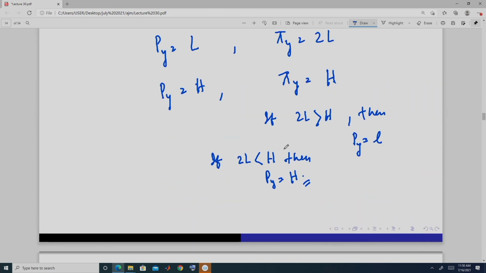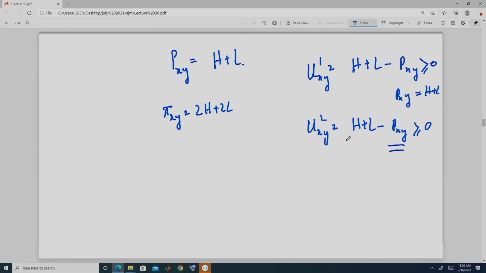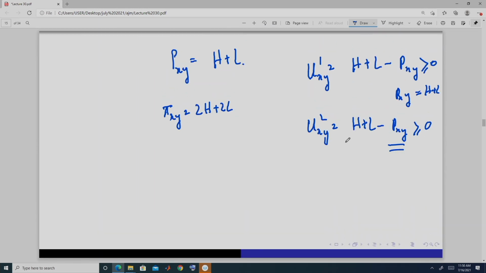Now, what are the possibilities? If it does not tie, its profit is either 2H or 4L. If you compare with this, you will get that the tying profit is always greater.